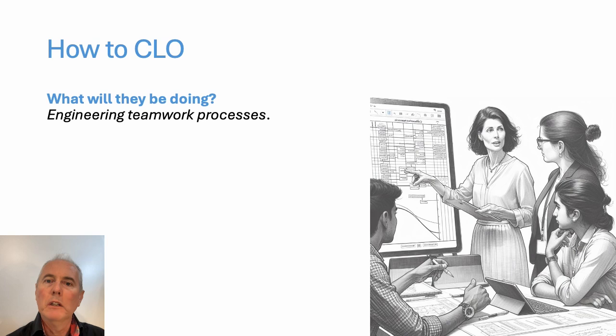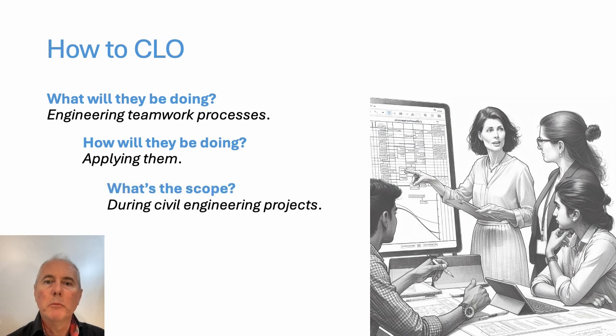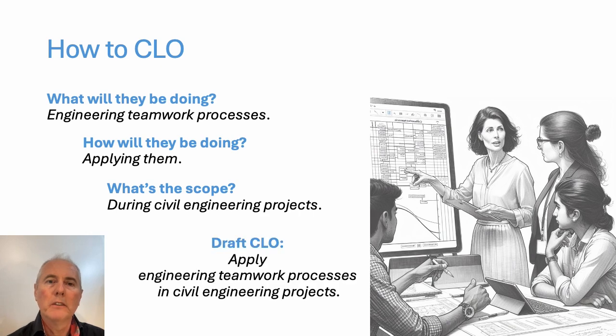What will they be doing? Engineering teamwork processes. Two, how will they be doing it? Applying them. Three, what's the scope? During civil engineering projects. And there you have it. Pretty much a CLO that neatly falls into our CLO structure: verb, content, context. So the final CLO is: apply engineering teamwork processes in civil engineering projects.